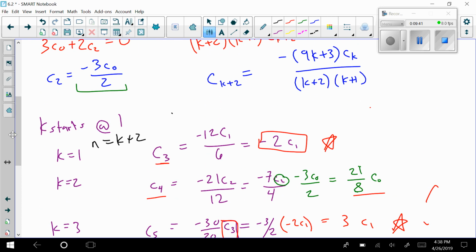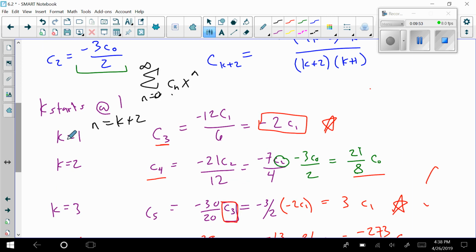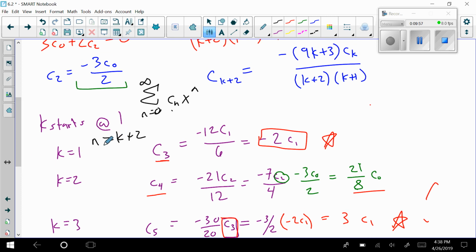And we had this general assumption that the form was going to be the sum from n equals 0 to infinity of C sub n x to the n, right? Well, if k is 1, then when I plug this back in, that means this thing here is actually C sub n.